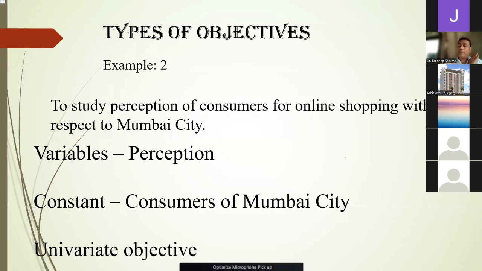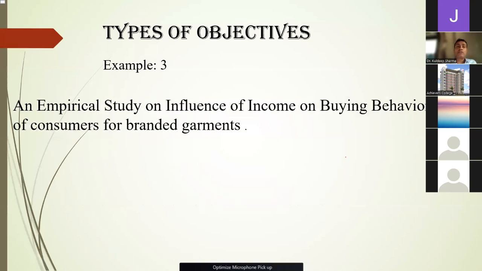But any variable which changes as per the change in circumstances, and here circumstances is the independent variable, is called a dependent variable. And therefore, in the last slide also I said, a variable which we want to manipulate, control, predict, or evaluate is called a dependent variable. Is it clear? Let's move to the third example.